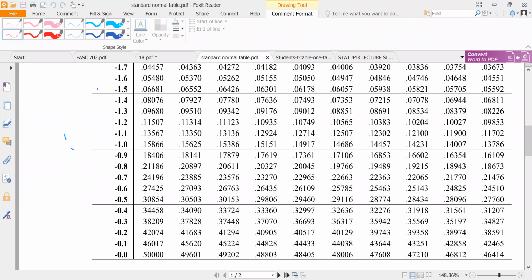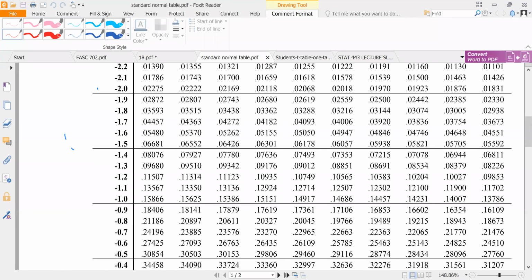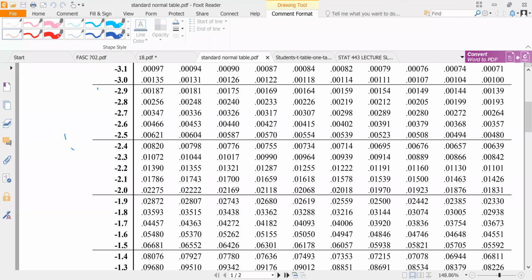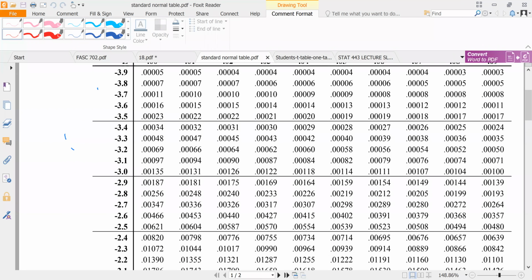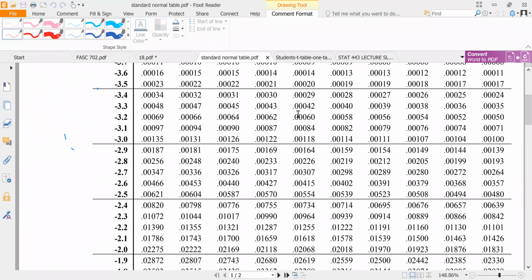Because it's a very small probability, it's likely to be on the lower tail. That's why I'm scrolling up here. And at this point, we need to identify 0.005. If we look at this table, 0.005 should be somewhere here.